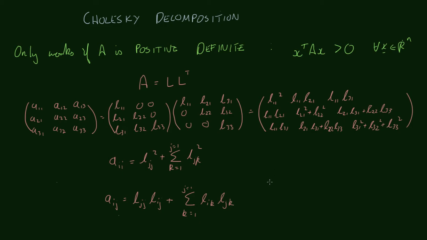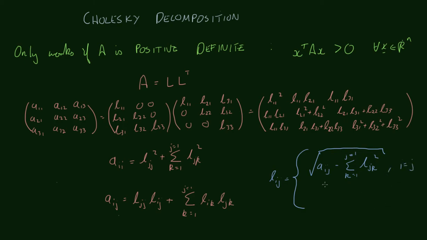On the main diagonal, if I rearrange this, subtracting the summation from both sides and taking the square root, we get Ljj equals the square root of Ajj minus the sum of Ljk squared. That's where i equals j, so that's on the main diagonal.